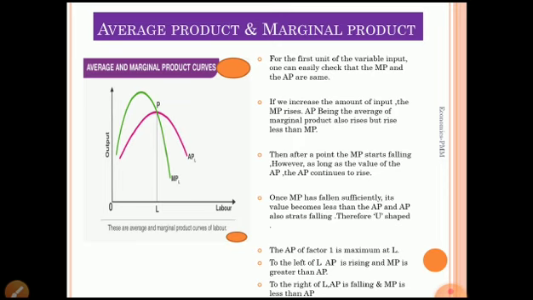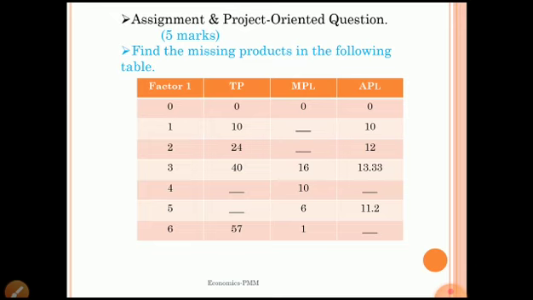Now moving on to the next important question, which is also related to AP, MP and TP. It is the assignment question which carries 5 marks. So here students, the table is given, that is, find the missing products in the following table.